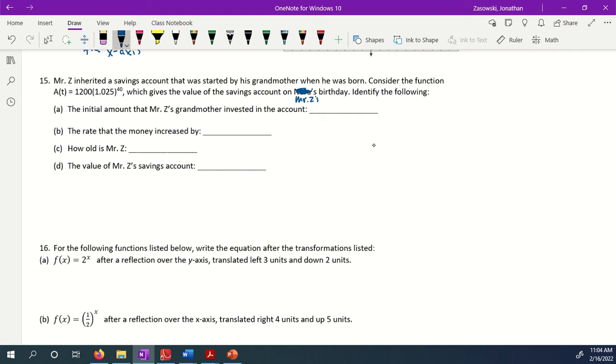Okay, identify the following. What was the initial amount that we invested? So remember, in our formula, y equals ab to the x, the initial amount is always the a there. So that would be 1200. Right? What was the rate the money increased by? Remember that the b factor is equal to 1 plus r. So 1.025 is equal to 1 plus r.